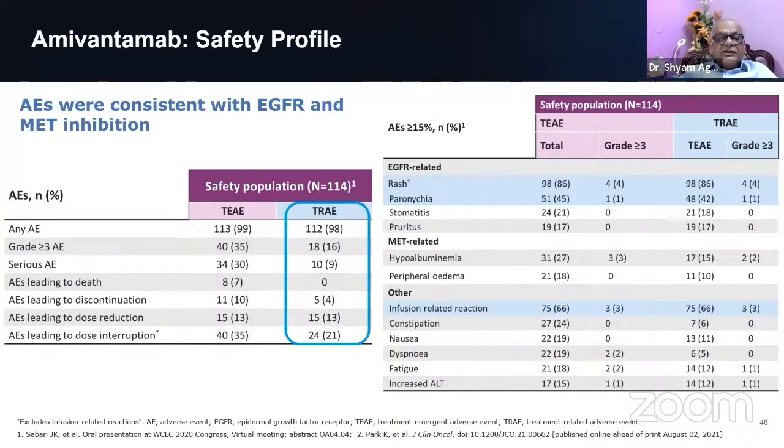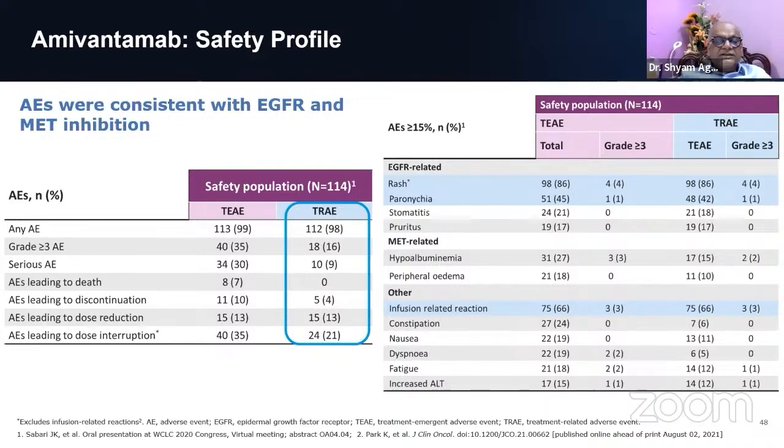So the side effects. Since we are targeting two receptors, EGFR and MET, EGFR related, as we all know, are stomatitis, rash, pruritus, or skin toxicity, and MET related are hypoalbuminemia or peripheral edema. And there can be other infusion related reactions, like grade 3 or more in 3%.